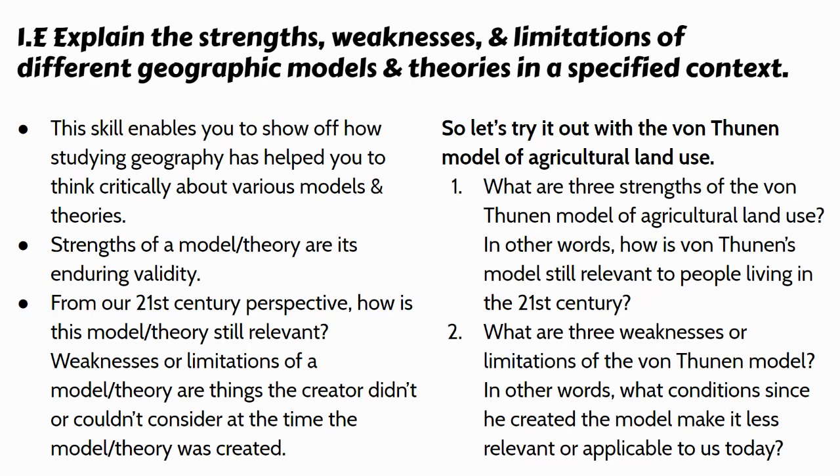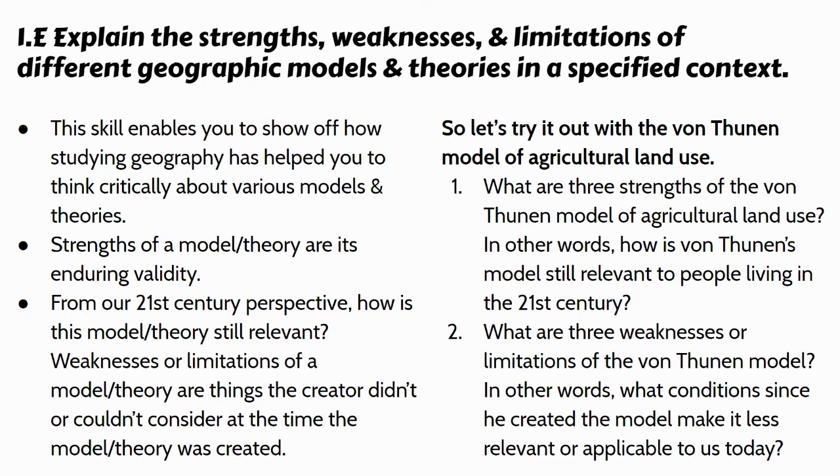And in order to effectively explain the strengths and weaknesses, this is almost like explain and compare at the same time. I've seen them written several different times: to what degree, or explain to what degree von Thunen is still relevant today. When you see something like that, you want to talk about degrees.